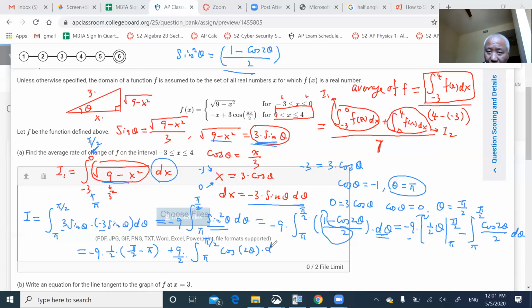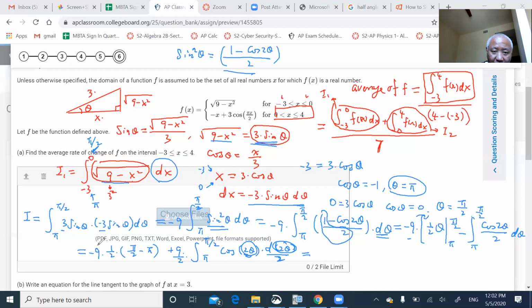This is d theta, but I want to change it to match 2 theta, so I put 2 theta here and divide by 2 right here. Because this is 2 theta, we can think of it as u, just the substitution.